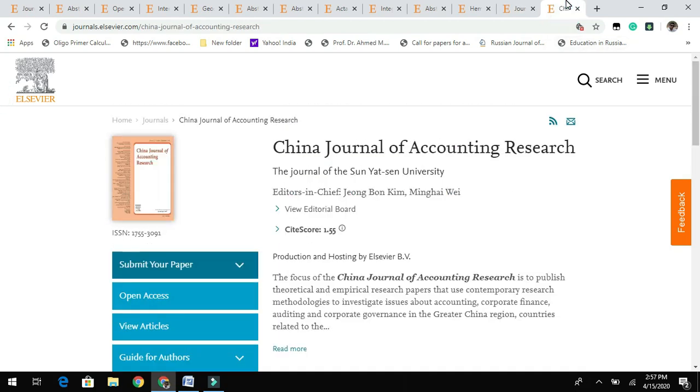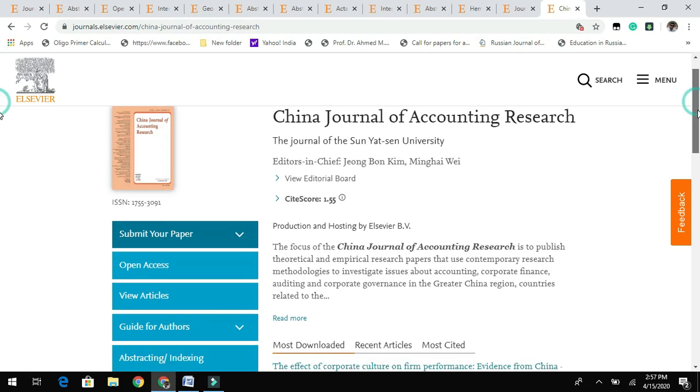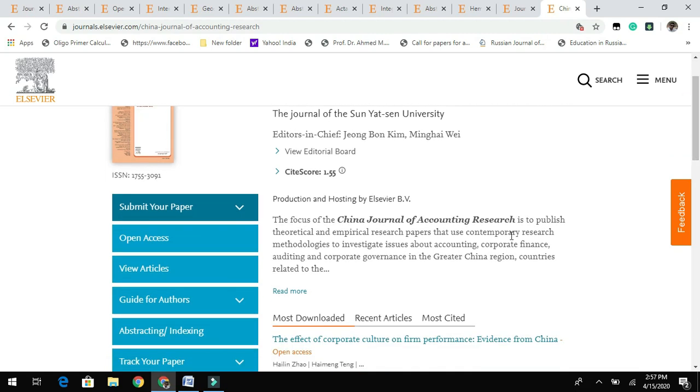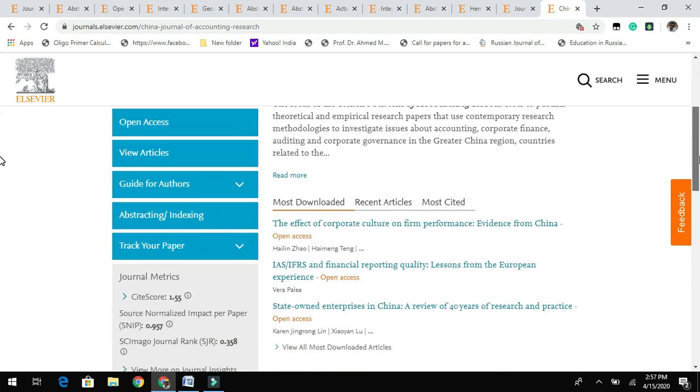So moving on, the last but not the least journal is China Journal of Accounting Research. This journal is focused on publishing theoretical and empirical research papers that use contemporary research methodologies. And if your research is related to accounting, corporate finance, auditing, corporate governance, then you can easily target it.